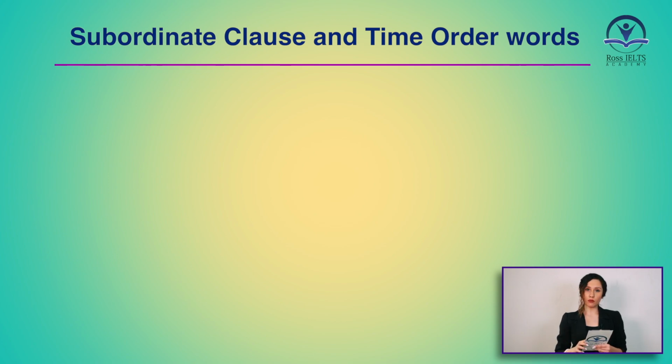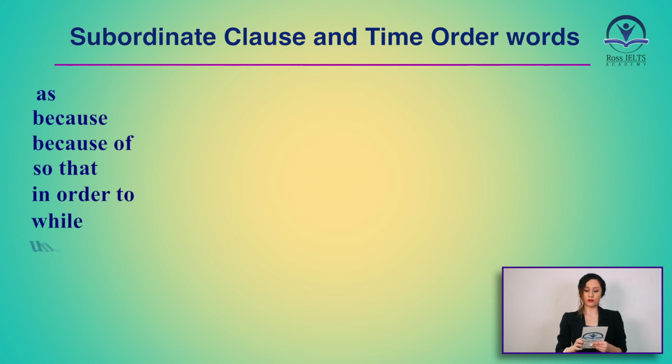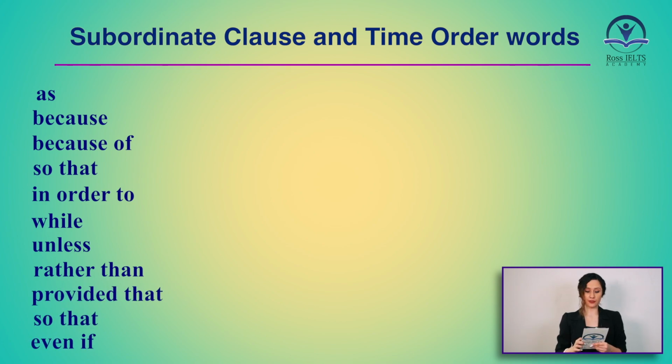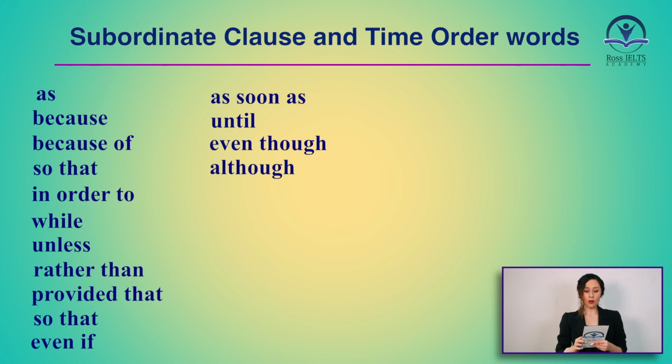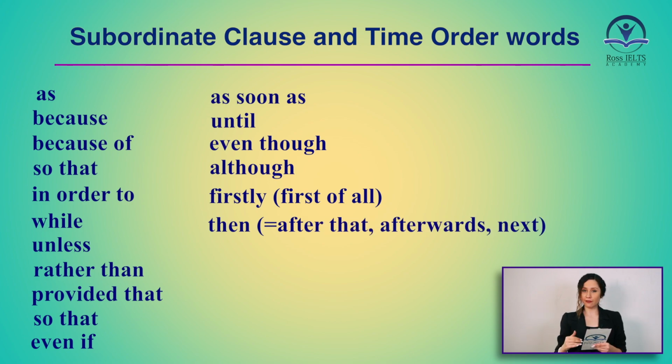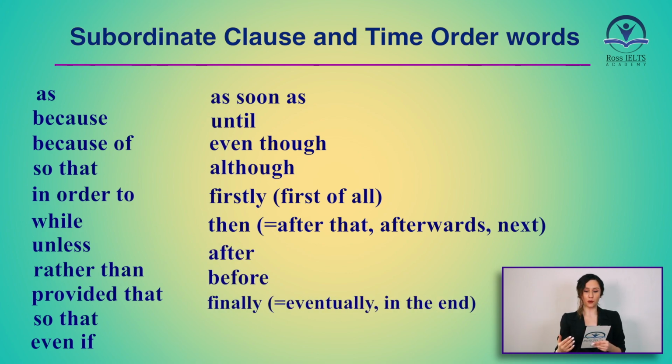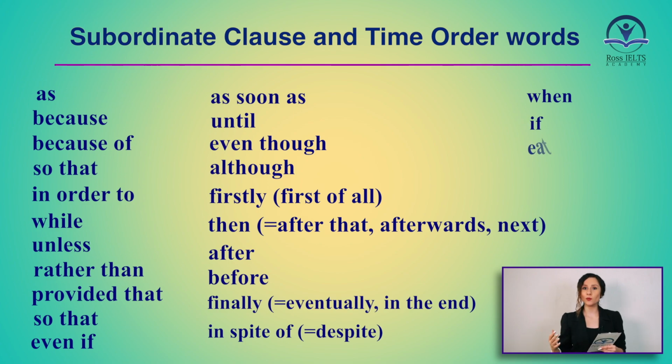For example, you can use some words like as, because of, so that, in order to, while, unless, rather than, provided that, so that, even if, as soon as, until, even though, although, and some time order words like firstly or first of all, then, after that, afterwards or next, after, before, finally or eventually or even in the end, as a result, in spite of, when, if, and so many other words to make your complex structure.